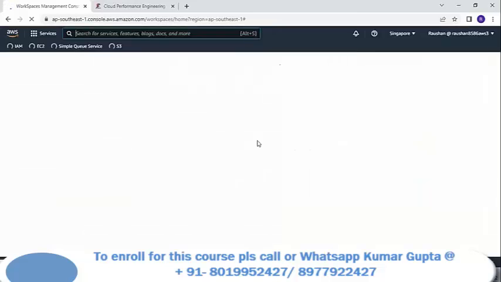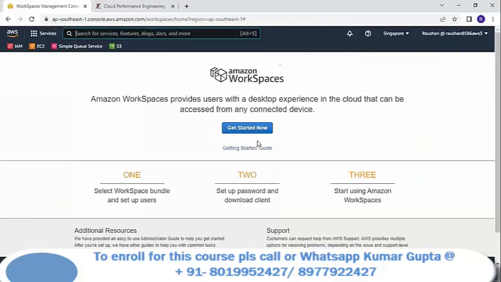It's a separate topic which is not covered in our syllabus. AWS Workspaces is a feature to create your own remote desktop. We are not covering this particular part.